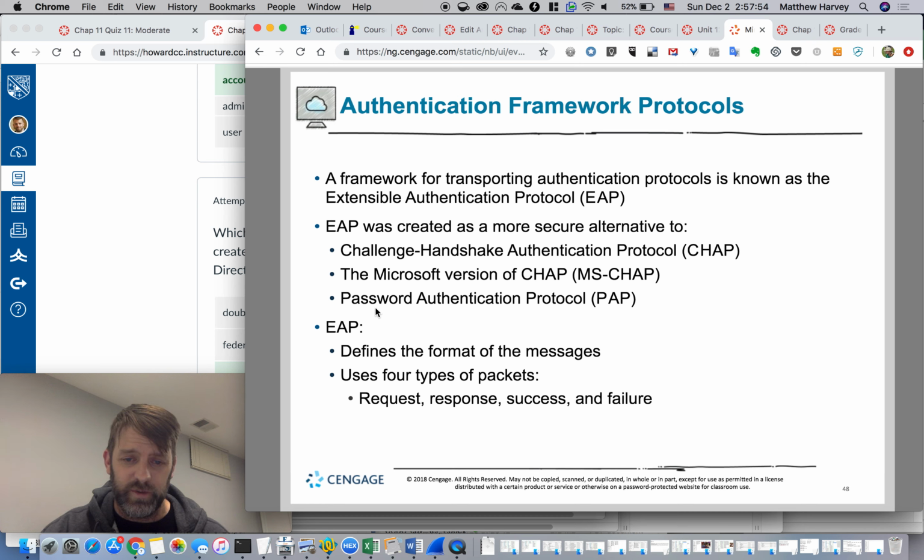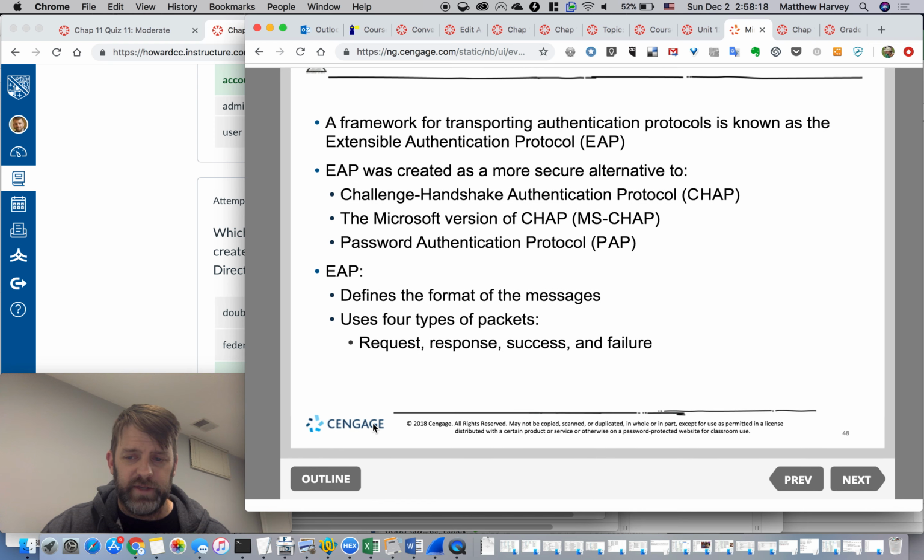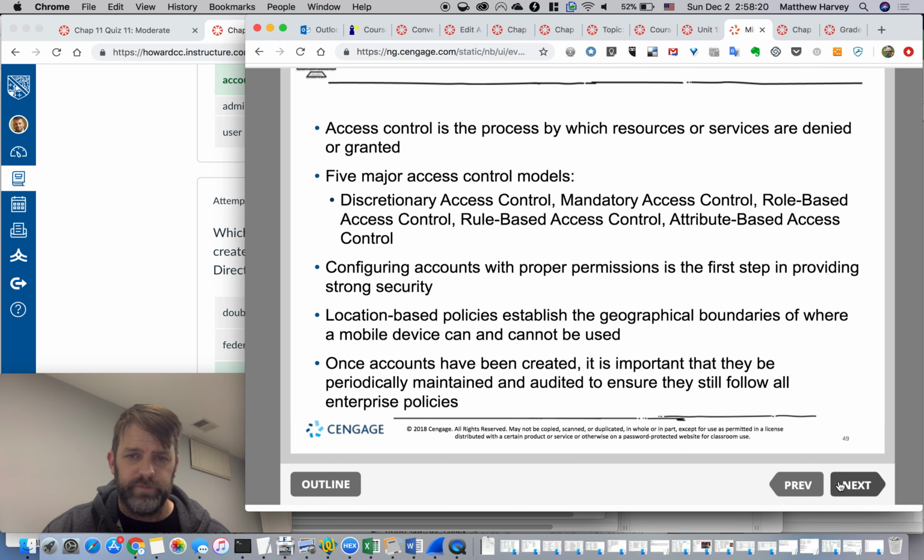In order, PAP is the oldest, then CHAP, then MS-CHAP is Microsoft's special version of CHAP. I was saying the other day in class how Microsoft and some of those other big companies tend to make their own versions of protocols. So in EAP, you have a request and a response, and that gives a success or failure message for login.